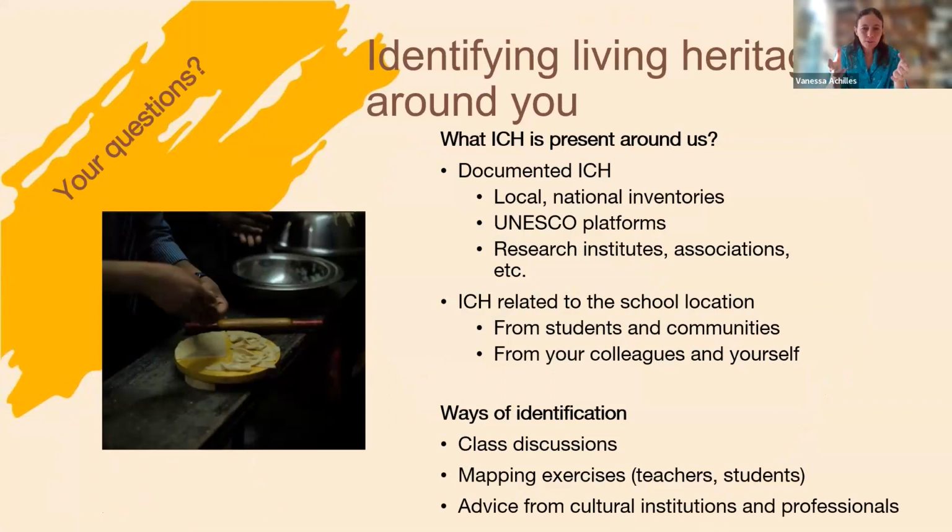And there are various types of ICH that you can use. One is documented ICH. By documented, we mean that articles, books, audiovisual materials are already available because they are in local or national inventories, because you will find them on various platforms, the UNESCO platform, for instance, the lists of the 2003 convention, or because many research institutes like ICHCAP here have a lot of publications and newsletters, etc. And it can also be your local or national associations who are publishing information about something.